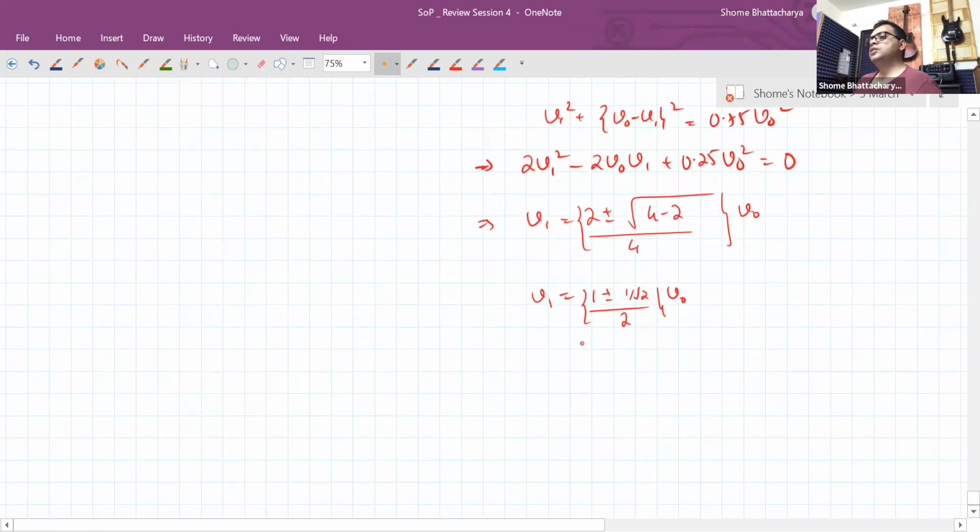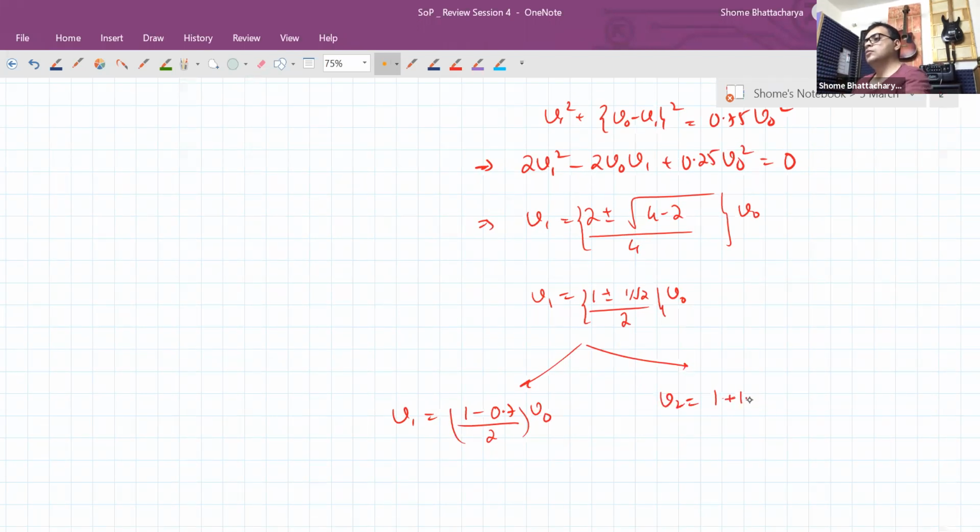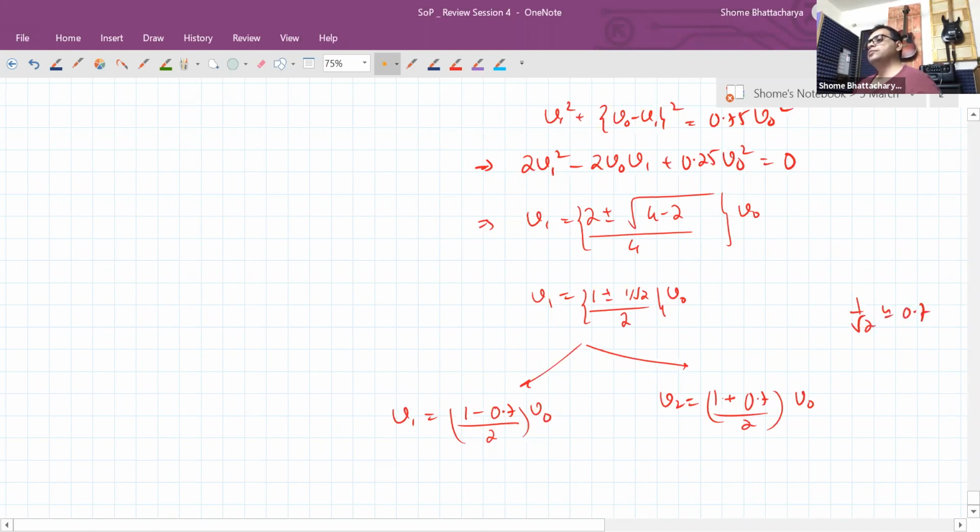So from this we can see that the smaller of the two roots will be the value of V1, and the larger of the two roots will be the value of V2. Where we are taking 1 by root 2 as approximately 0.7.